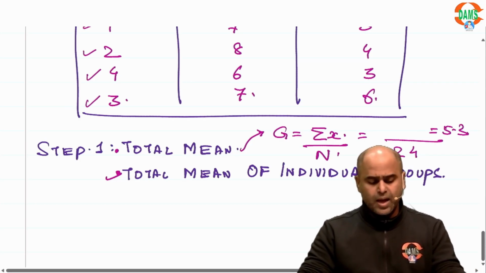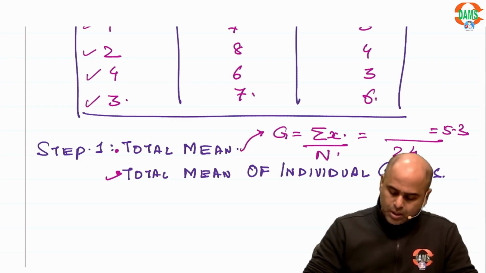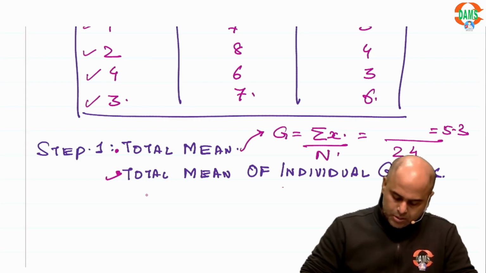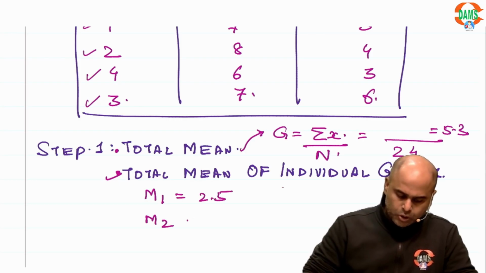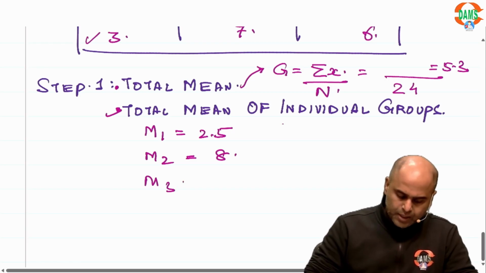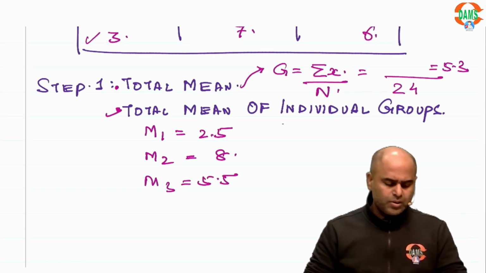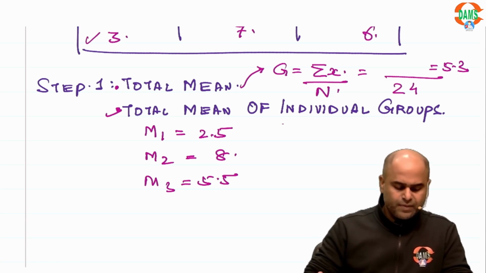Now, the mean value of independent groups: for group 1 it was 2.5, for group 2 it was 8, for group 3 it was 5.5. Simple mathematical calculations by adding these values.